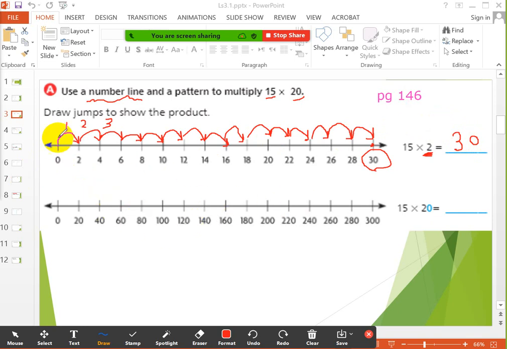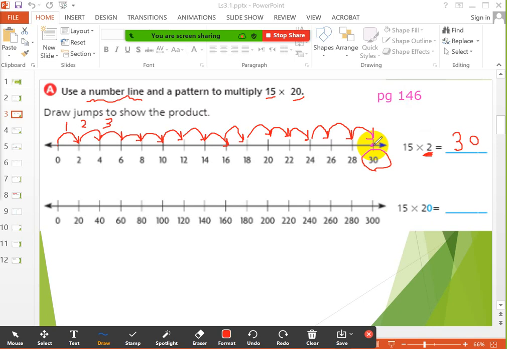So, I jumped here on the number line 2 steps and repeated what? Repeated 15 times. 1, 2, 3, 4, 5, 6, 7, 8, 9, 10, 11, 12, 13, 14, 15.